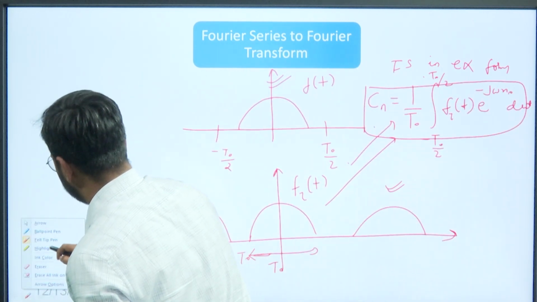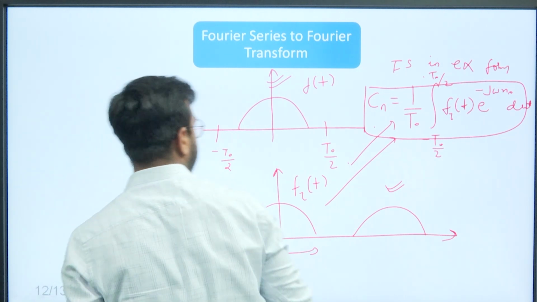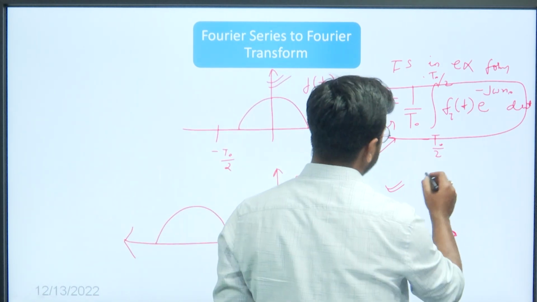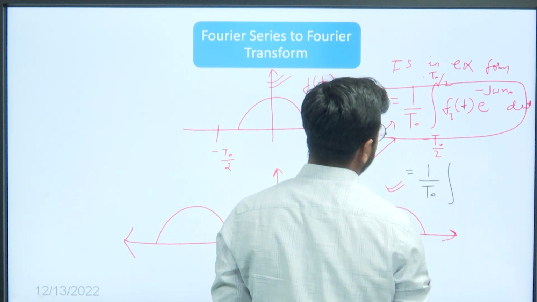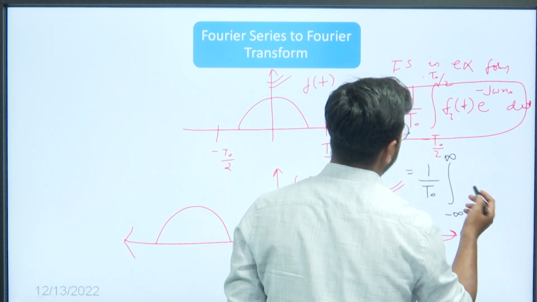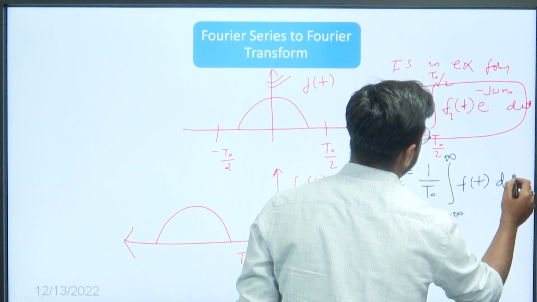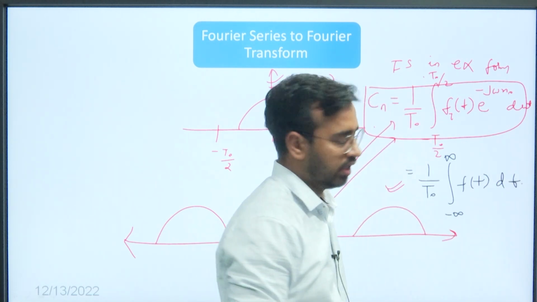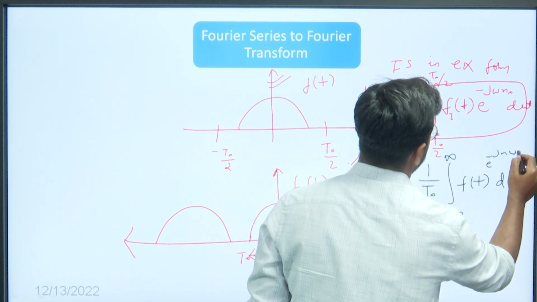Now suppose I write it like this, equal to 1 upon T naught, integral from minus infinity to infinity of f(t) dt, times e to the power j n omega naught t.